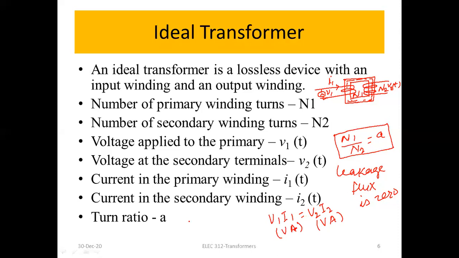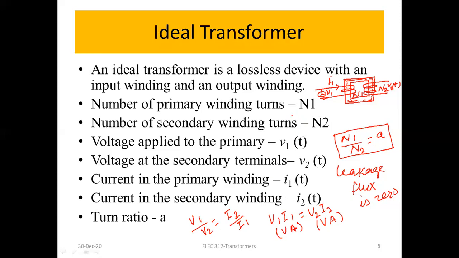So from here you can write V1 by V2 equal to I2 by I1. This relation says that if I2 is higher, V2 will be lower. It is an inverse relation.